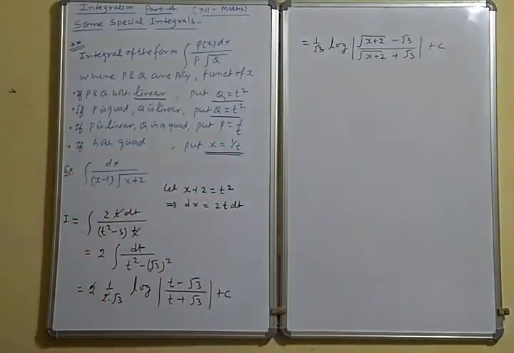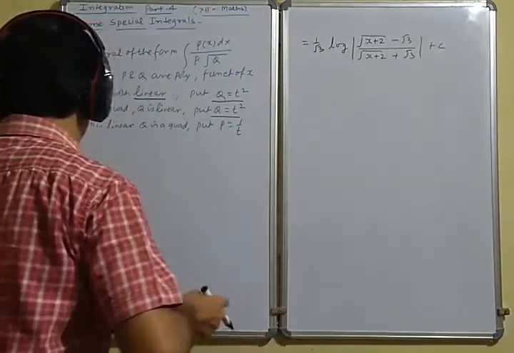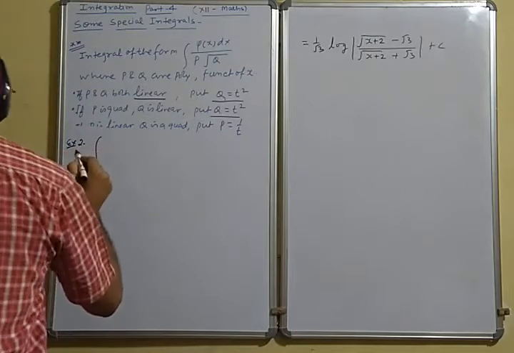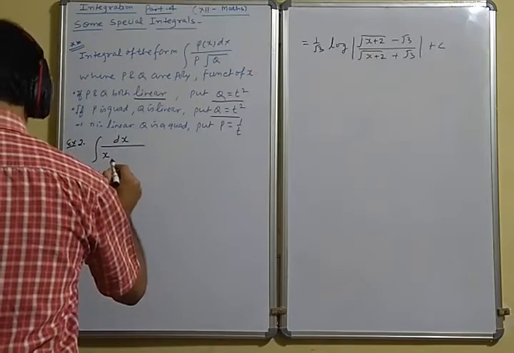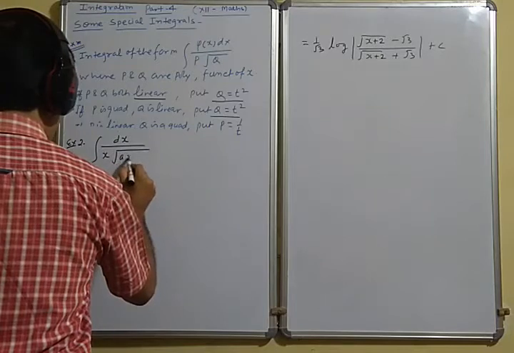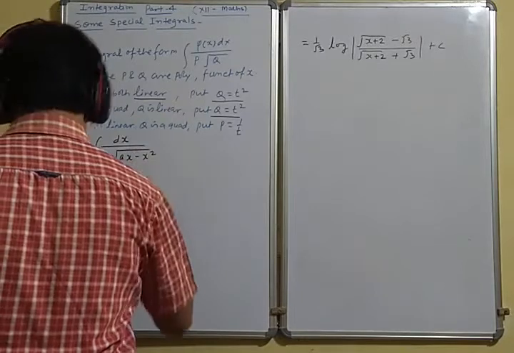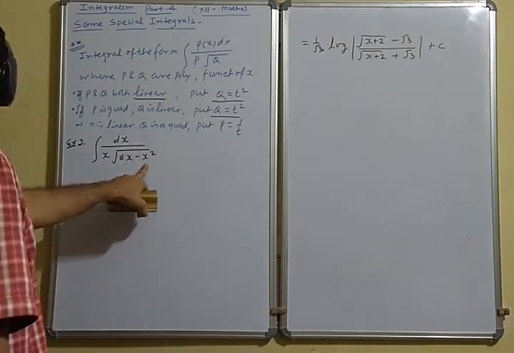Now let us see one more type of question. Example 2: integration dx upon x under root (ax minus x square).